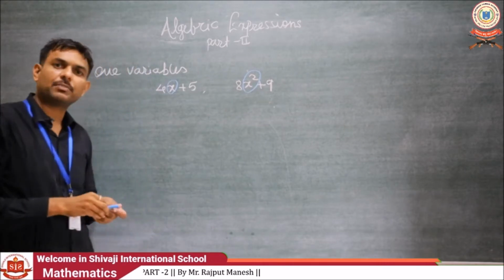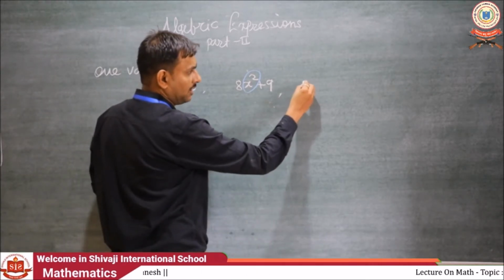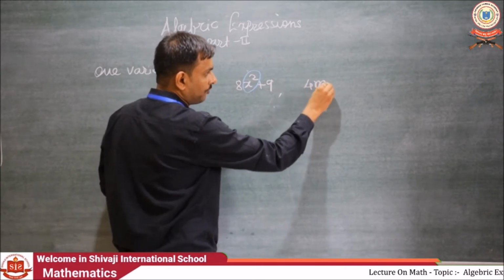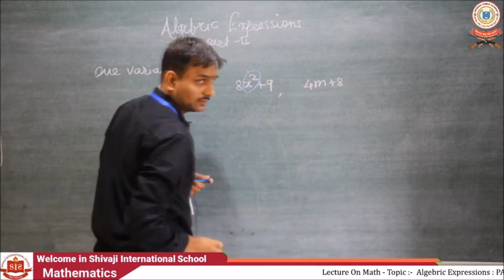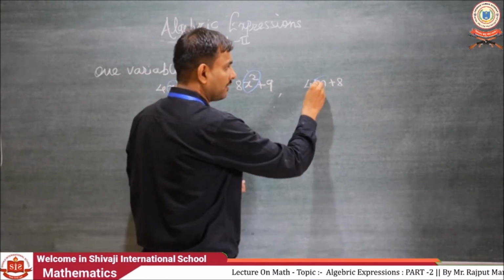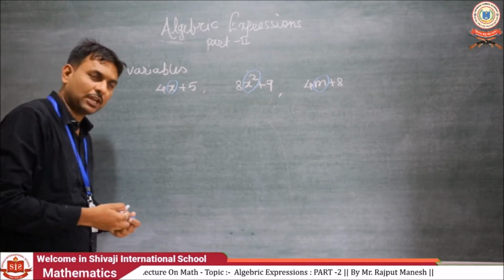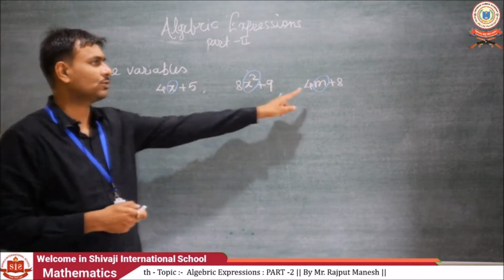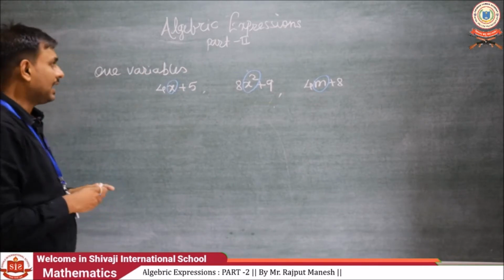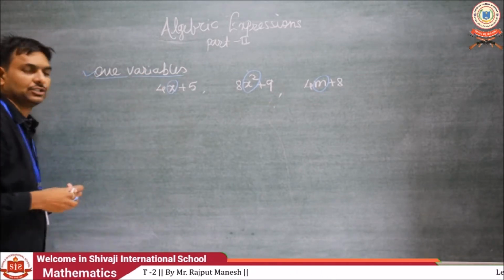It's not compulsory to use x, you can use any other letter also, like 4m plus 8. Clear? Here also we have used one variable. Such expressions, where we use only one variable, are called one variable algebraic expressions.